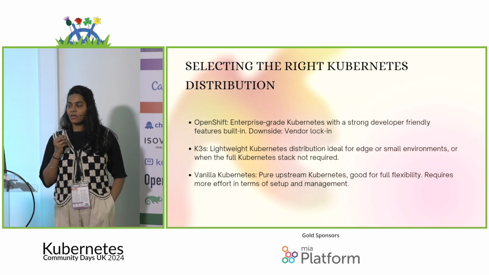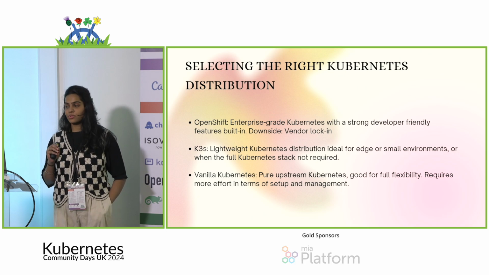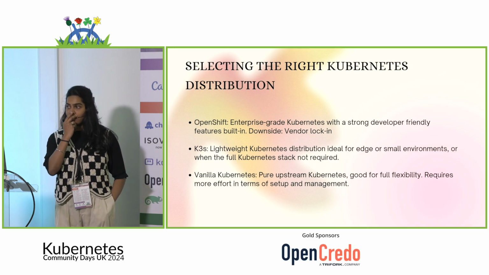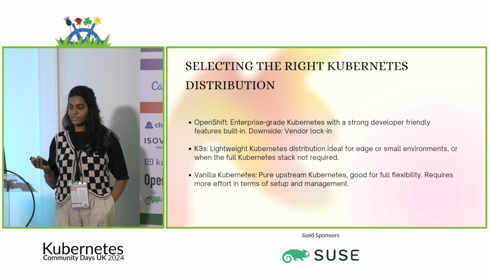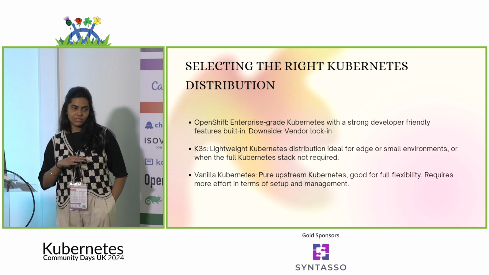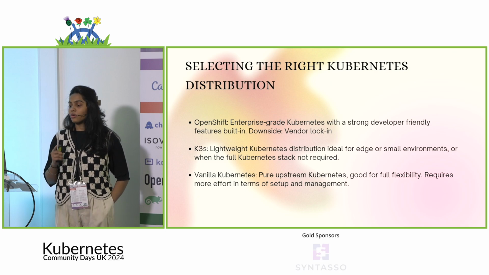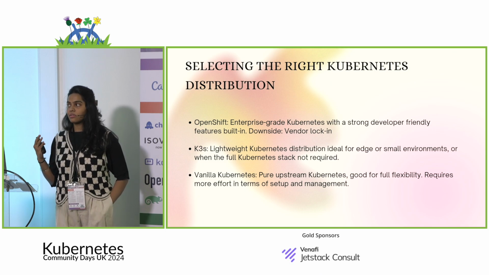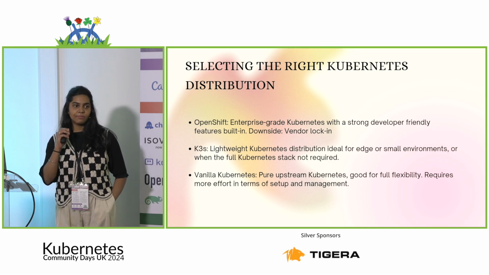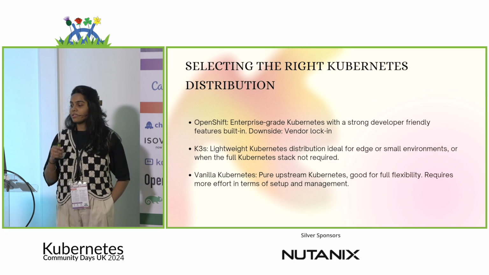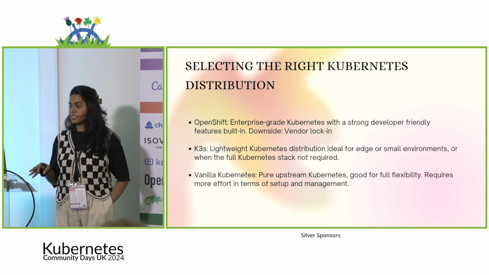So, selecting the right Kubernetes distribution is really important. As I said, I'm focusing on open source tools. So I have taken into regard OpenShift, K3s, and vanilla, the basic Kubernetes. OpenShift helps us with enterprise-grade Kubernetes, and it has developer-friendly built-in features. K3s is the lightweight Kubernetes distribution.